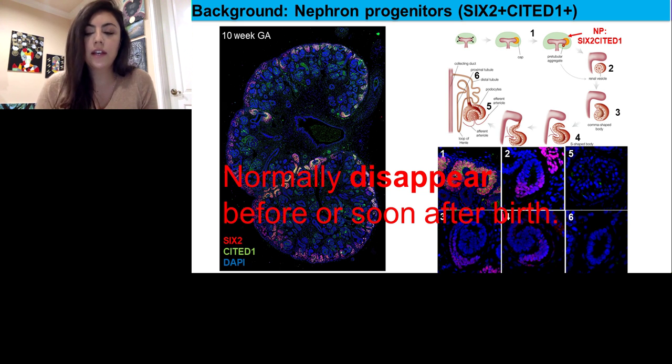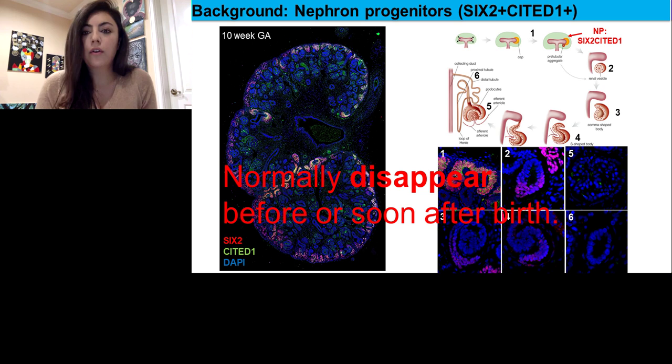So here's immunofluorescence staining of a 10-week fetal kidney that identifies these nephron progenitors, SIX2 identified by red, CITED1 in green, and DAPI showing nuclear staining. And we could see that the expression of these markers are in the nephrogenic zone, in the outer layer and inner lobes of the kidney.